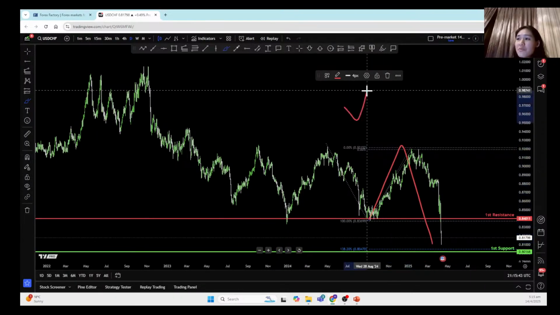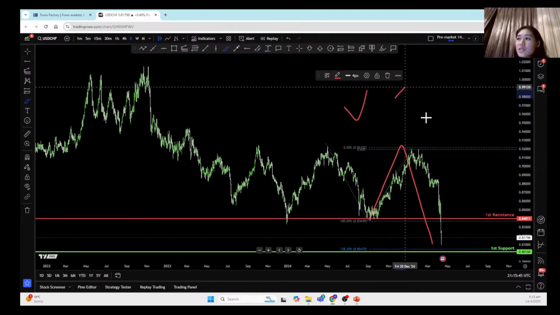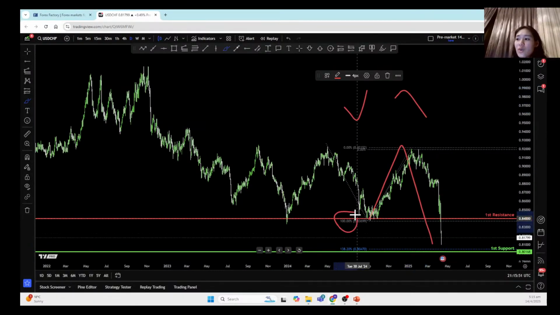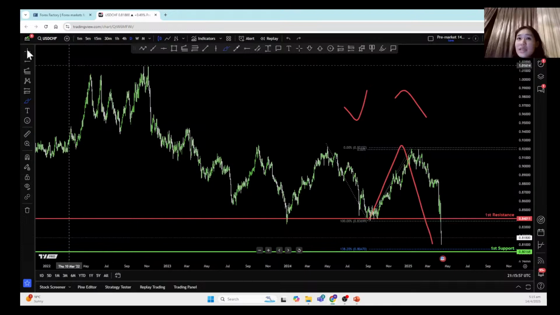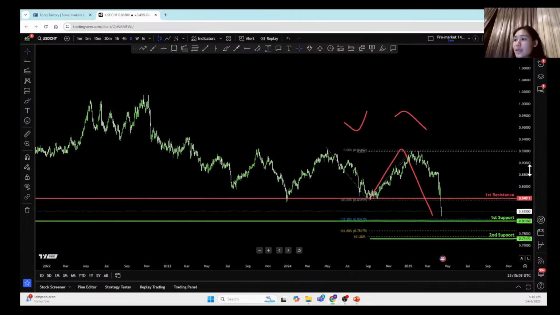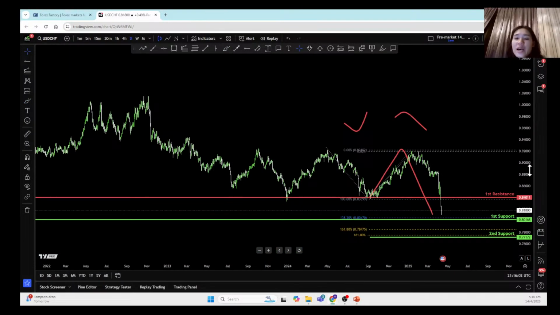An upright one will look like that, inverted will look like this. Okay, and we're basically looking at the levels that are greater than 100%. So we found that the 138 as well as the 161 lined up nicely with our support levels.